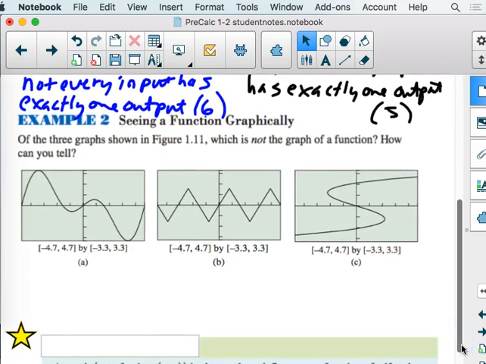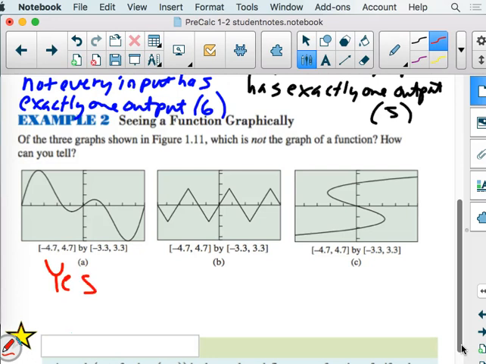So this one says seeing a function graphically. So now we've got the visual sitting right there. Looking at these. Is A a function? That'll pass the VLT, vertical line test. Charlie Brown's shirt in B. Function? It's a function. It's good.